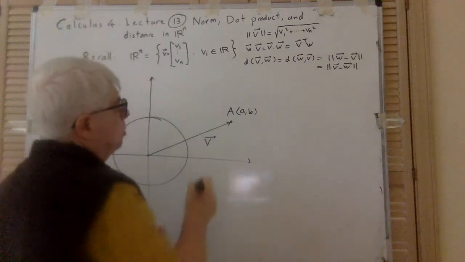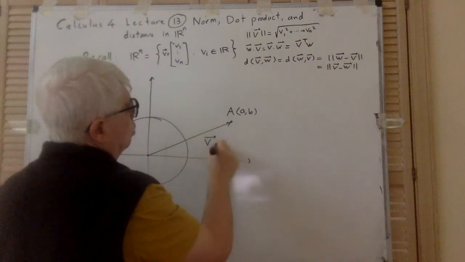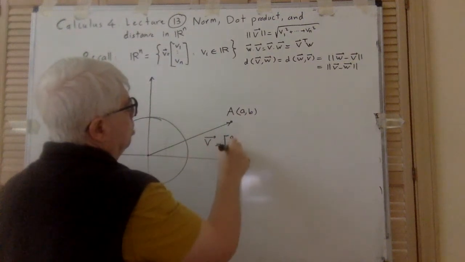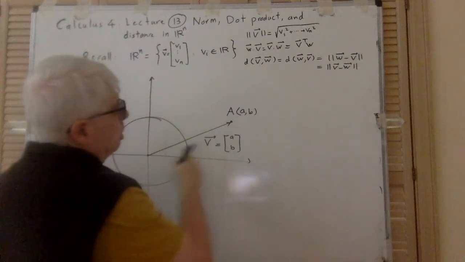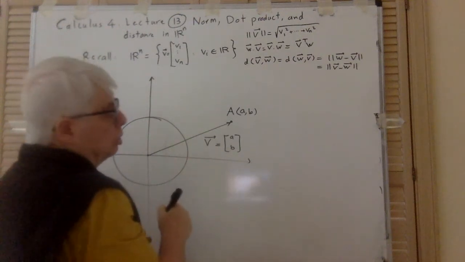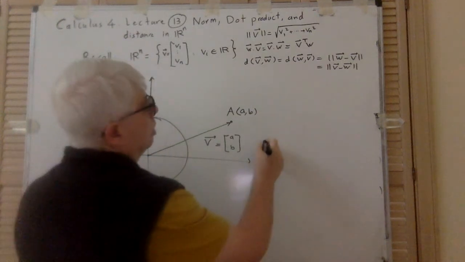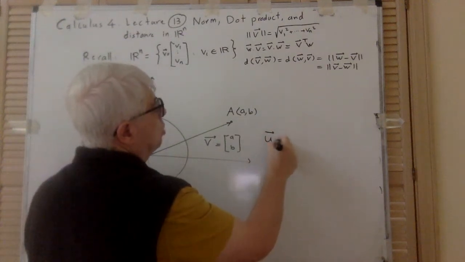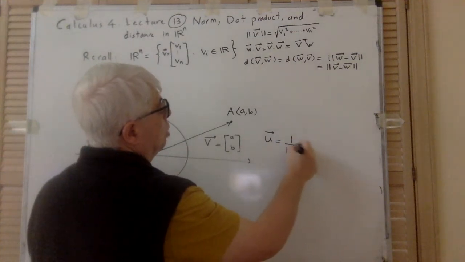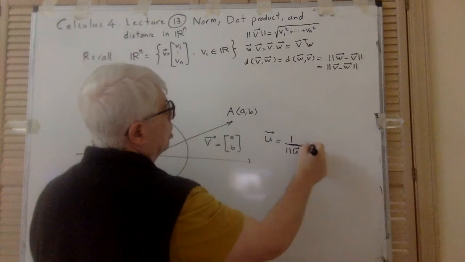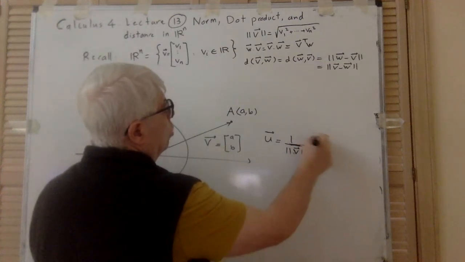Now if I divide this vector by its norm, which means multiplying it by 1 over its norm, what happens?